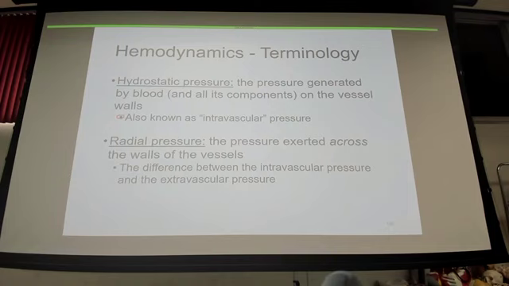Which pressure is outwards versus inwards? Radial pressure is the outward pressure balanced with the inward pressure. So it's the pressure trying to keep the tube open and the pressure trying to collapse the tube, if you want to think about it that way. What's more important? Hydrostatic pressure.